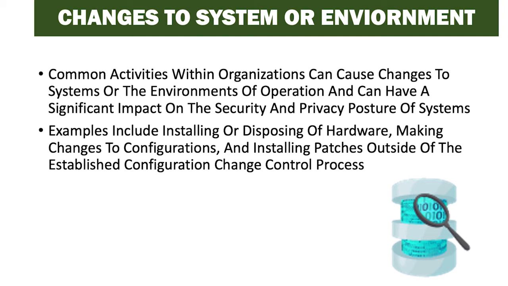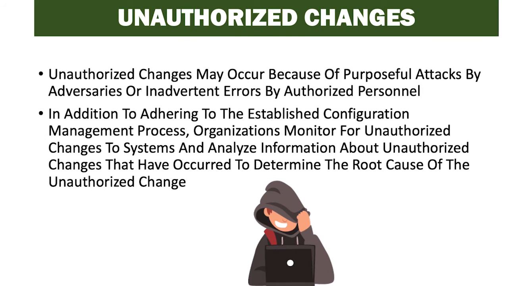That way we have a true line that tracks the changes from when the system was authorized to its current state. Unauthorized changes may occur because of purposeful attacks by adversaries or inadvertent errors by authorized personnel. In addition to adhering to the established configuration management processes, organizations monitor for unauthorized changes to systems and analyze information about the unauthorized changes that have occurred to determine the root cause of the unauthorized change.